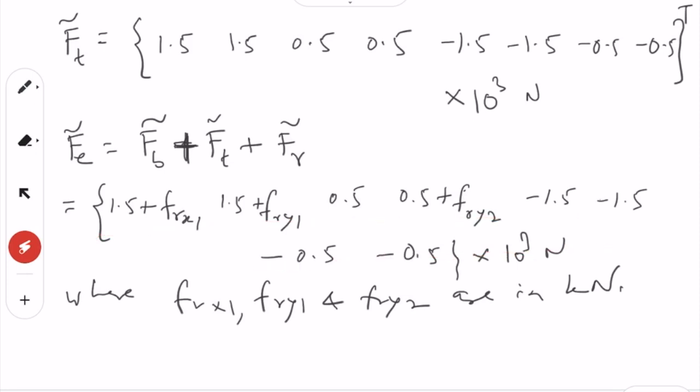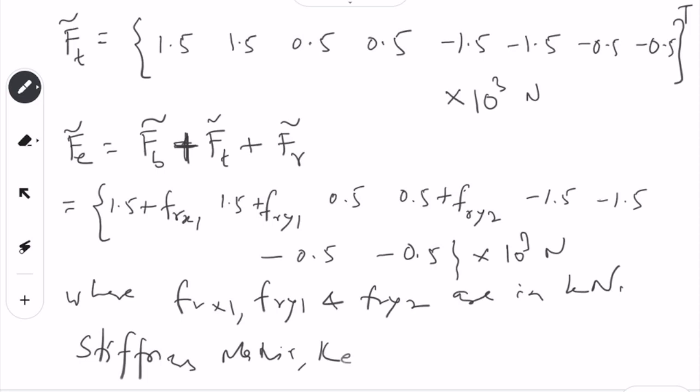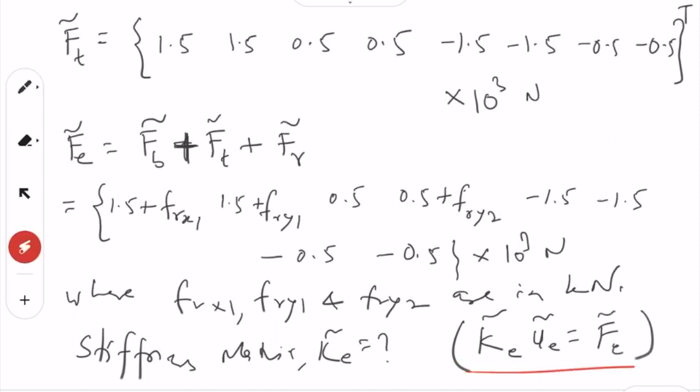So we got a force vector, and we understood what the displacement vector is. Now next is the stiffness matrix Ke. Why we need it? Because we know that Ke times Ue equals Fe. This equation we know and we can now solve the problem.